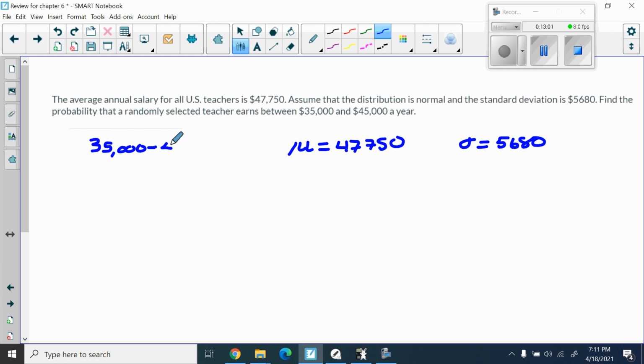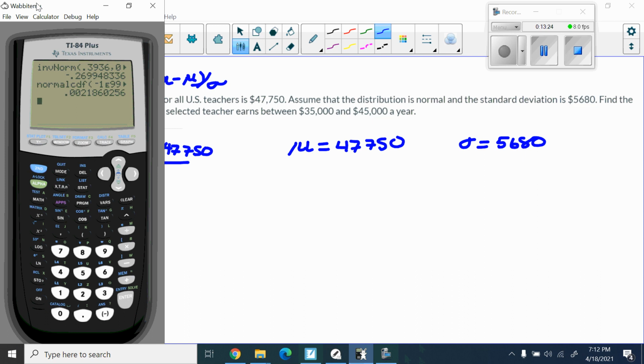So remember it's x minus the mean divided by the standard deviation, right? So it's 47,750 divided by 5,680. So if I was doing these on the calculator, I'm going to show you what I'm going to do. I'm going to do the difference first.